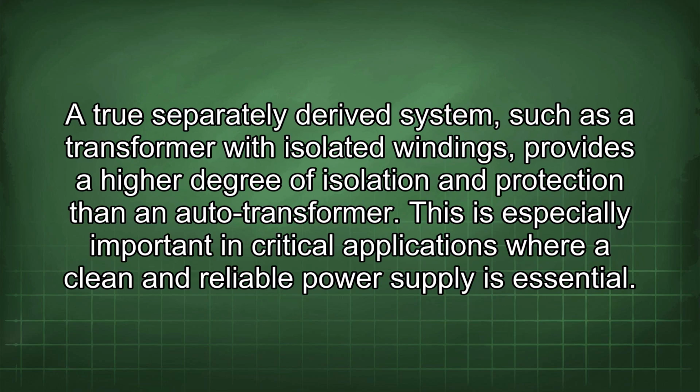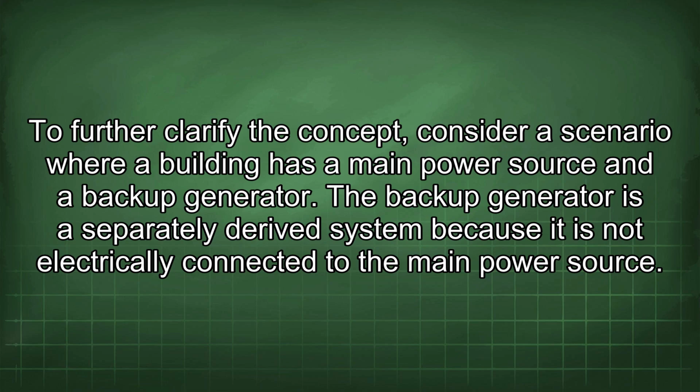A true separately derived system, such as a transformer with isolated windings, provides a higher degree of isolation and protection than an autotransformer. This is especially important in critical applications where a clean and reliable power supply is essential. To further clarify the concept, consider a scenario where a building has a main power source and a backup generator.